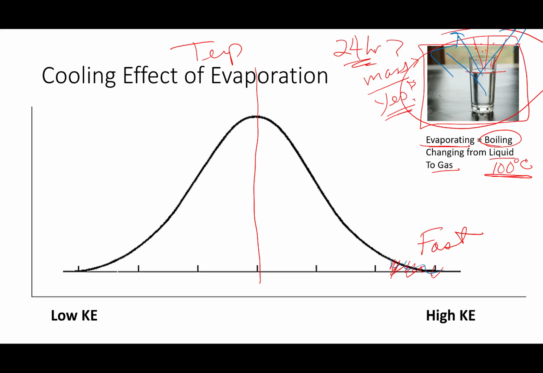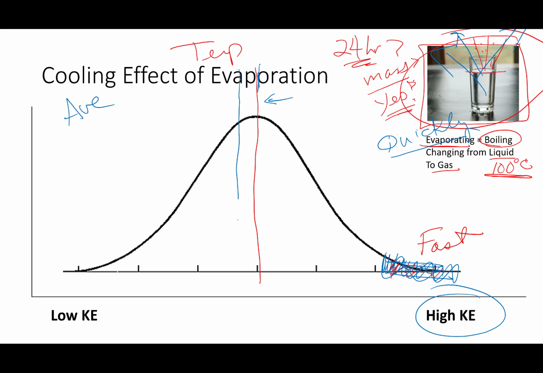Now, if this happened quickly, not slowly over a 24-hour period, but quickly, and you took off the fast, high kinetic energy molecules, what would happen to the overall average if you took the high end out? Well, the average wouldn't be here. It would push the average down, and the average would then be there. So the average would then be cooler. This process is called the cooling effect of evaporation.